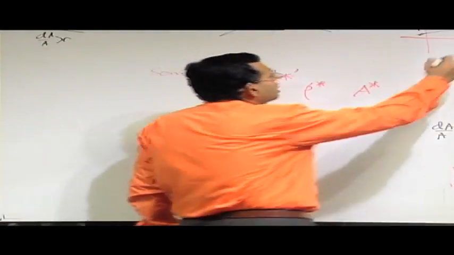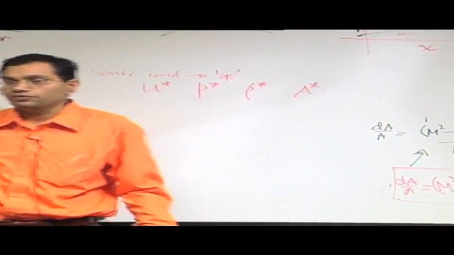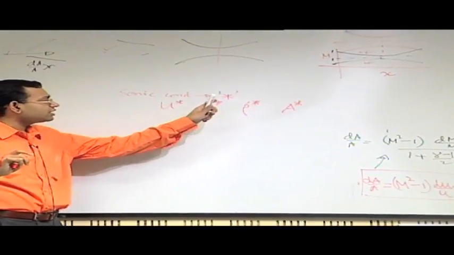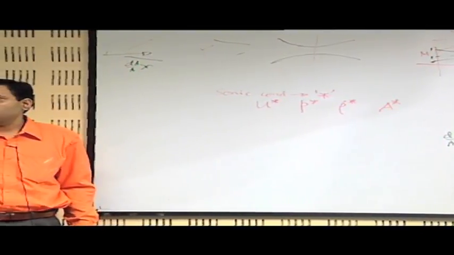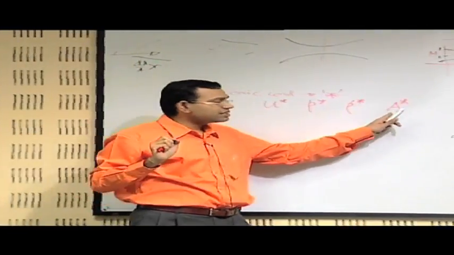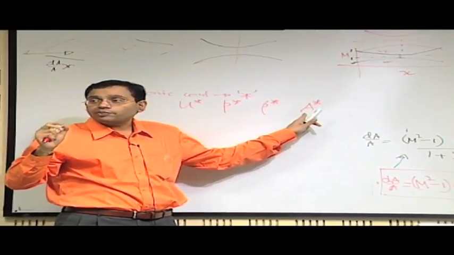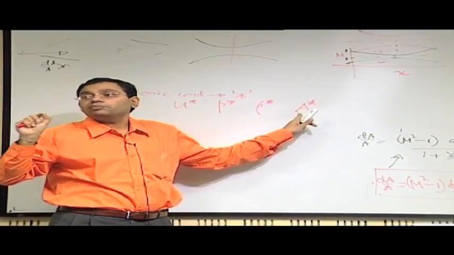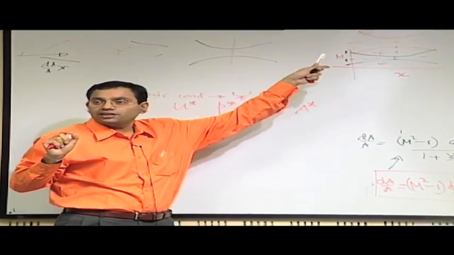Look at these examples, either the top curve or the bottom curve, sonic condition is achieved nowhere in the flow. So still u star, rho star, P star, A star, these quantities exist because these are hypothetical reference conditions. For example, A star is what? A star is at a given condition what could be an area at which a sonic condition would have been achieved, not that that area is physically there in the flow.